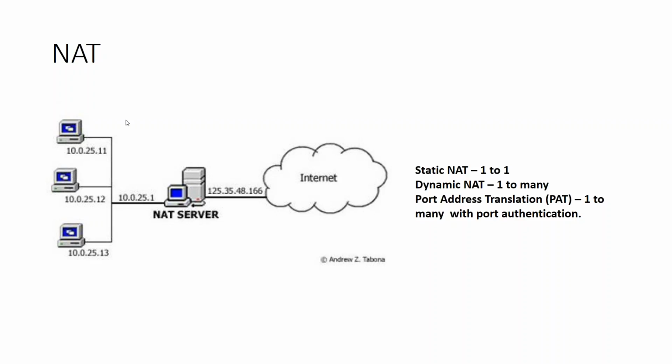Static NAT is like, this figure itself shows you can have one constant IP address for the NAT server, and internally you can use one constant address for all other requests. If you are using the static method, you can have one to one.